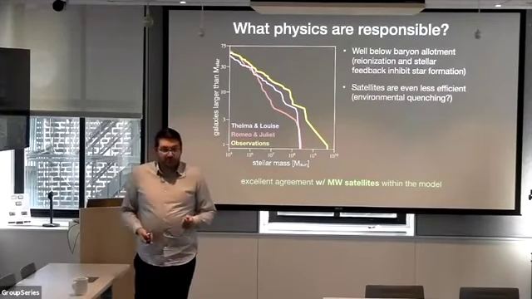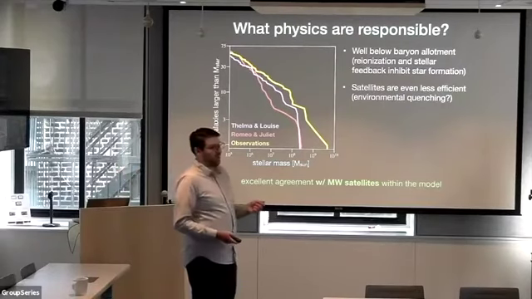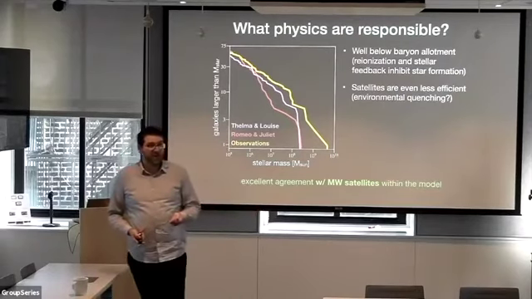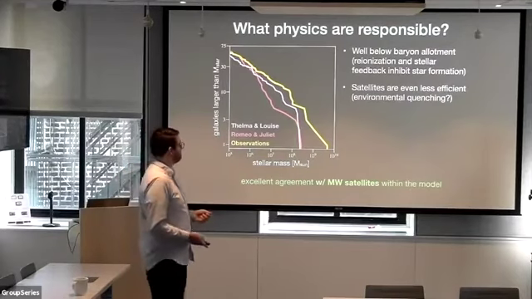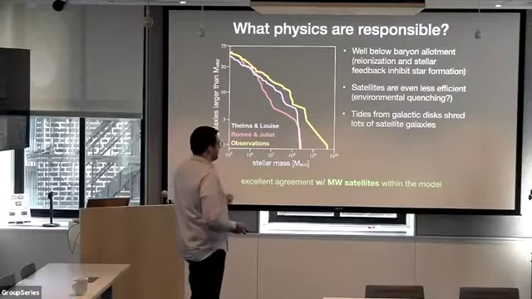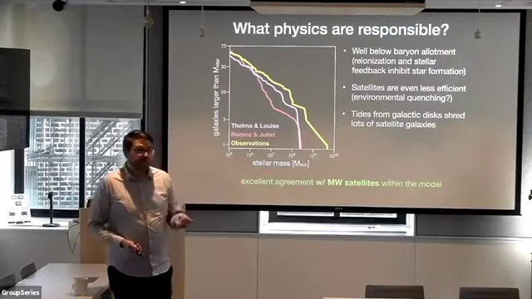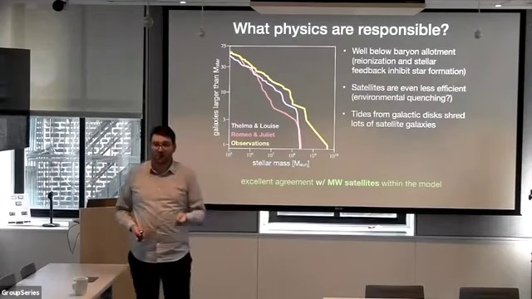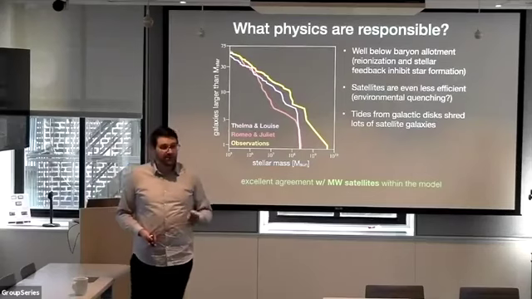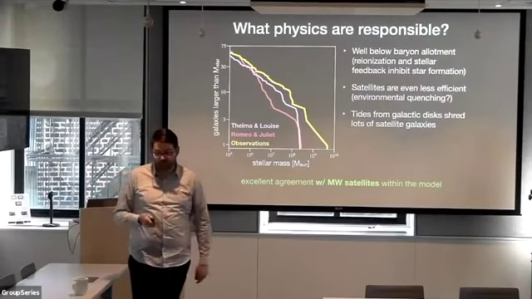There's also evidence, which I haven't shown you, that satellites are even less efficient than centrals in the Local Group at forming stars. So we think we're seeing some signs of environmental quenching as well. And finally, like I showed you in my 2017 paper, tides from the galactic disk are definitely important for shredding a lot of satellite galaxies that otherwise survive to the present day. And you saw that even in the movie I showed you. You saw a lot of systems come in and get torn apart by the central galaxy.